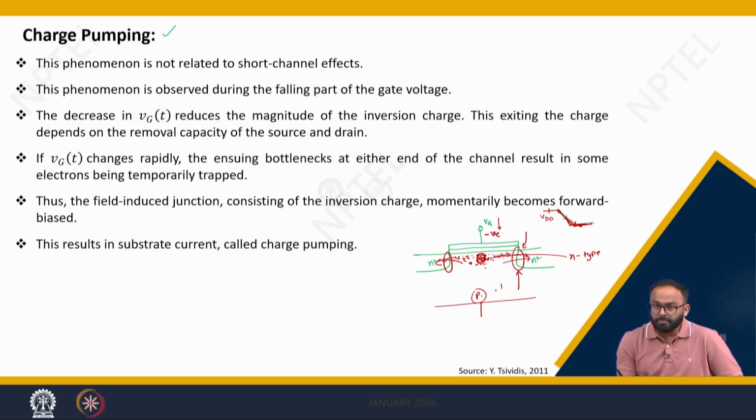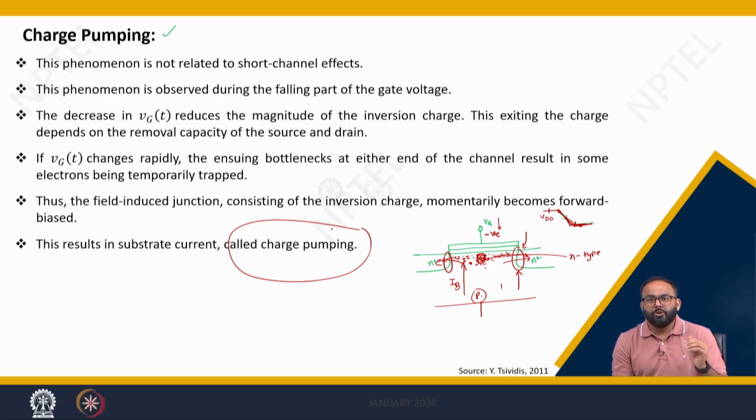Because the junction becomes forward biased, there is a current which will go this side. There will be a body current. That current is due to charge pumping, and this phenomenon is called charge pumping.